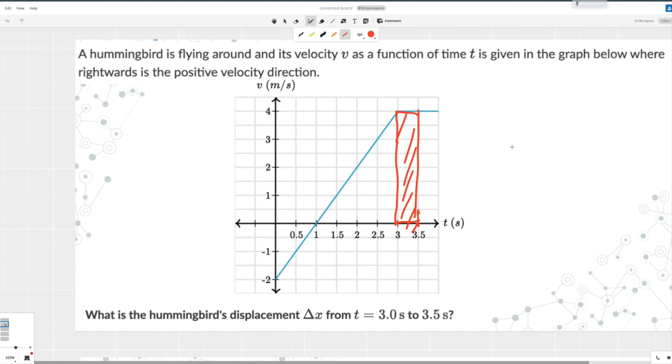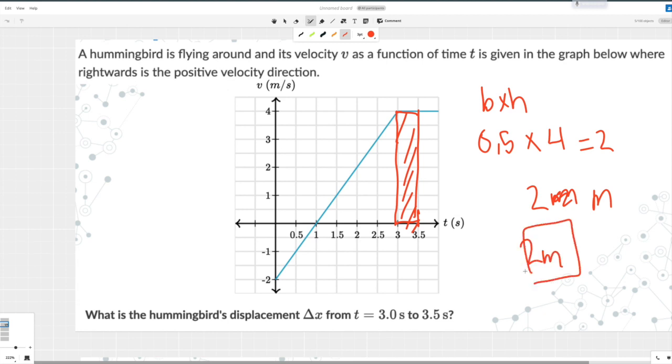The area of a rectangle is base times height. 0.5 is the length of the base times the height, which is 4, which gives us 2. So the answer is 2 meters. The hummingbird travels 2 meters.